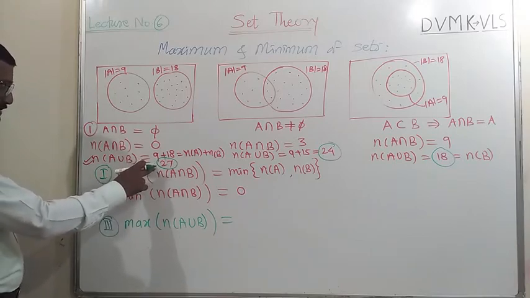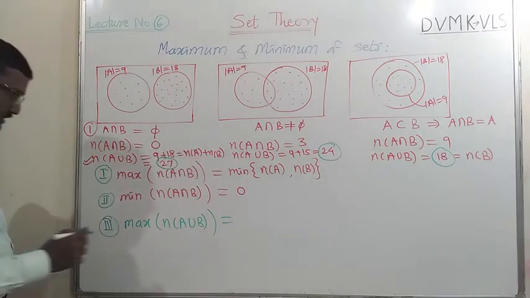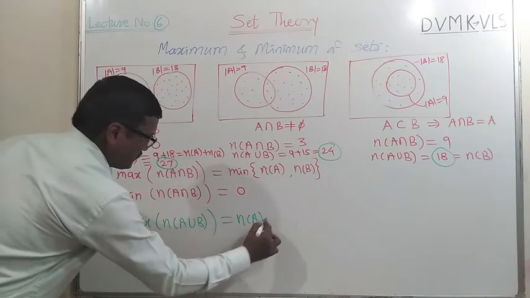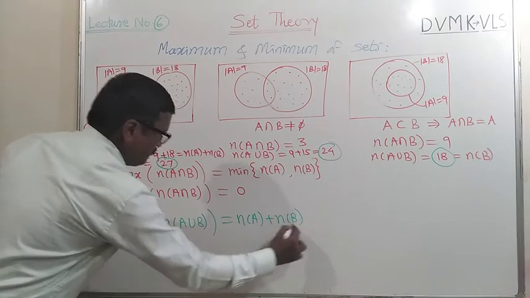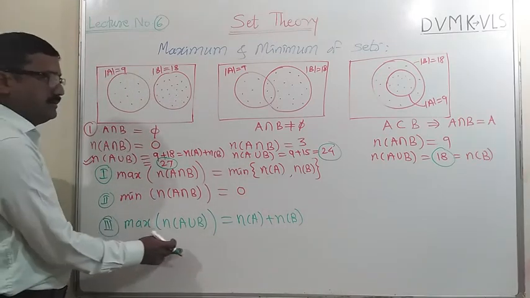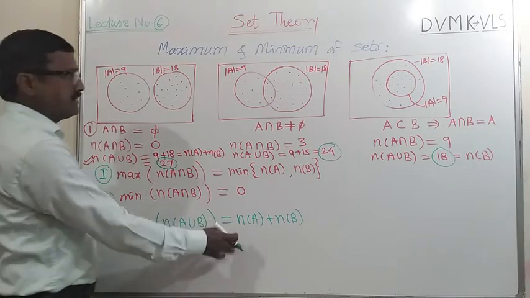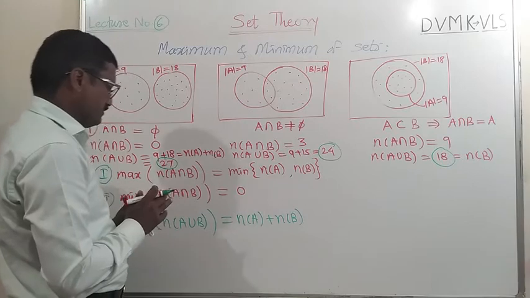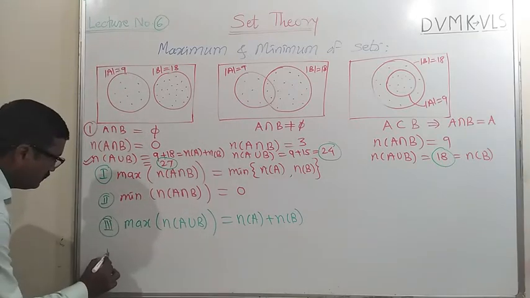This 27 is nothing but NA plus NB. So we can write it as NA plus NB. So the maximum number of elements in union is nothing but the sum of the elements of those two sets.